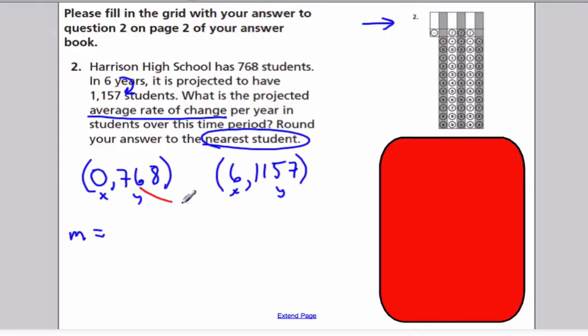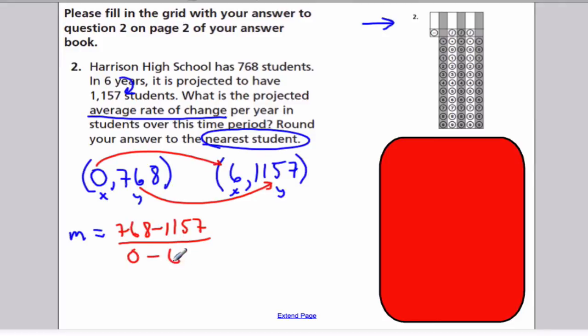I'm going to stay consistent. I'm going to go 768 minus 1157 on top, divided by 0 minus 6. I need to stay consistent. I'm doing left minus right. So now I'm going to do 0 minus 6.